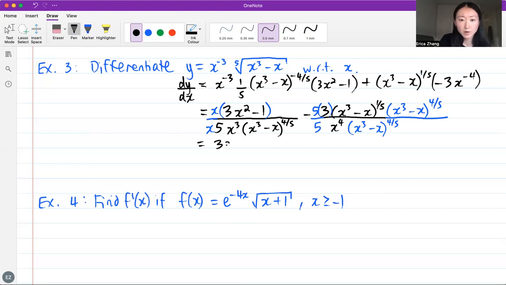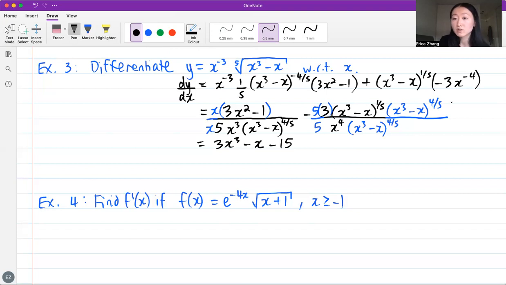So expanding the brackets on the numerators, we get 3x cubed minus x. And then here, 5 times 3 is 15, so we have -15. Because these brackets on the very right have the same expression inside, we can just add the indices.